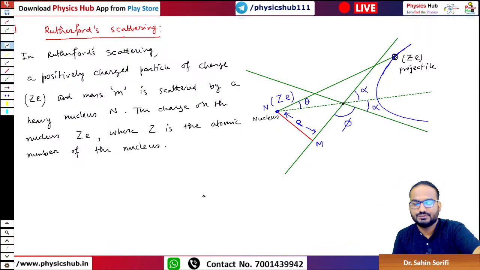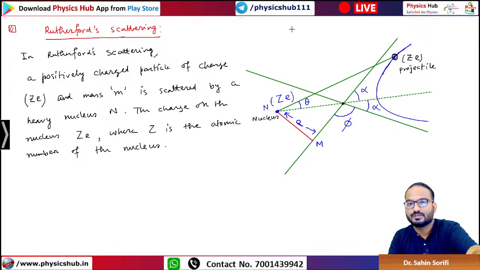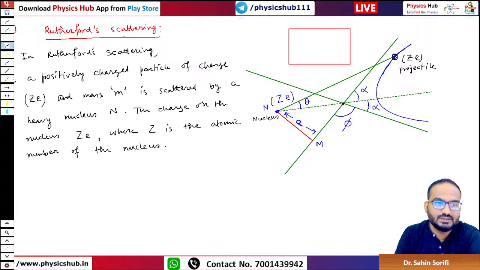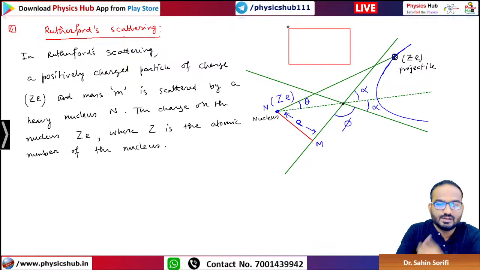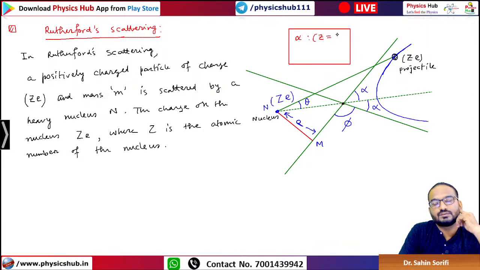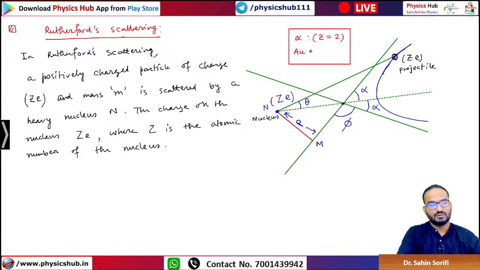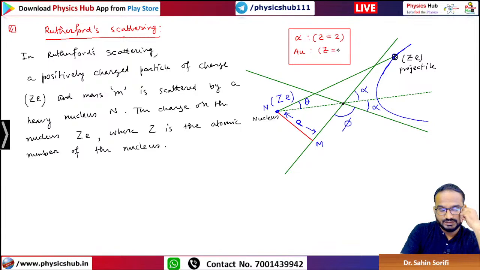So as a reference you can write a few things. These are the standard results we generally use. For alpha, small z is equal to 2. The nucleus you can take, maybe a gold nucleus. Rutherford used gold foil, so capital Z is equal to 79.